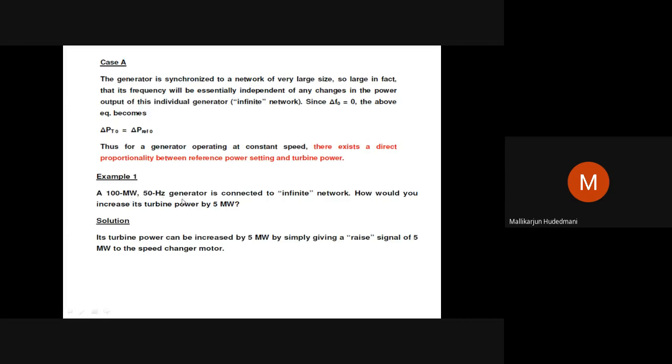That is what I am trying to say by this case study. Whatever droop we have discussed, R percent and so on, when an infinite network is considered, the droop will not be in the picture. It is a direct proportion: if you want to change by 5 megawatt, only 5 megawatt of turbine power. That's called turbine power being increased by 5 megawatt, simply by giving a raise command.